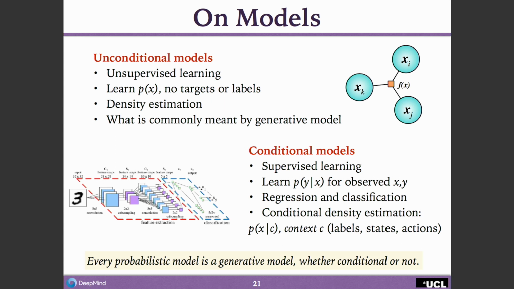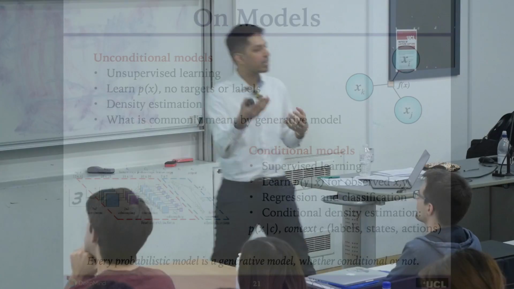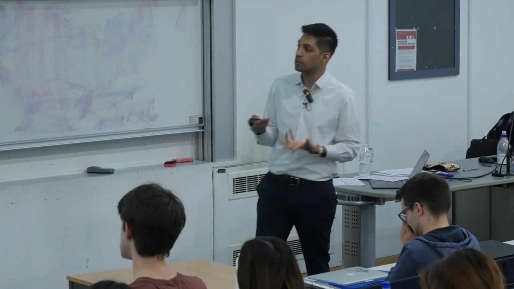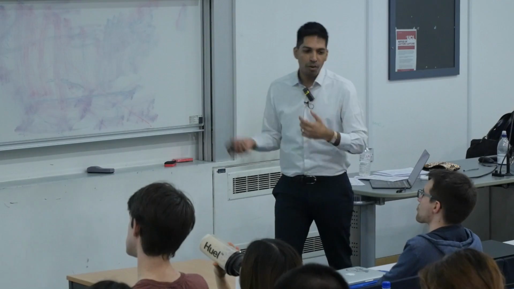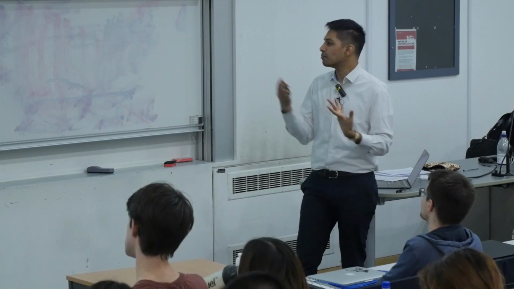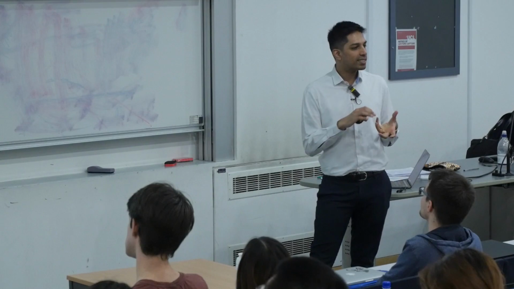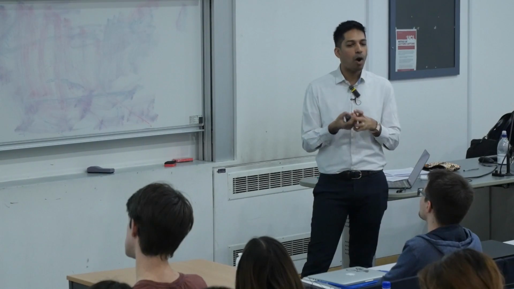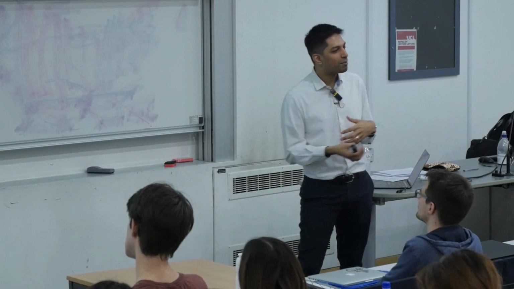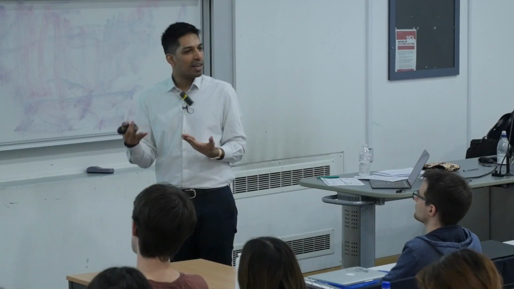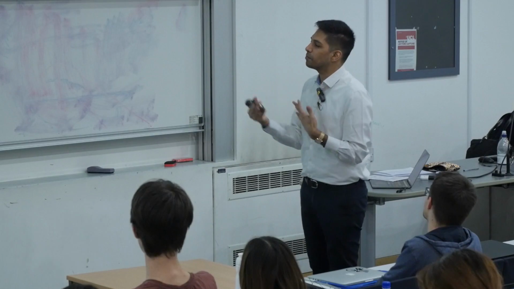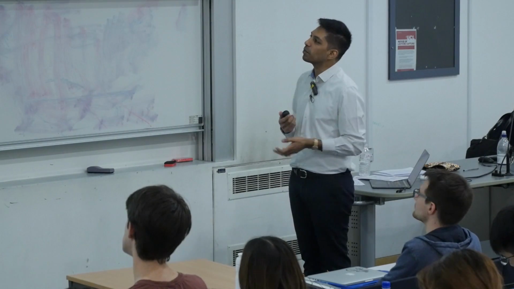I guess the key point is to know that there are conditional and unconditional models, and these are the things we're going to be building, but that every probabilistic model in some form or the other is a generative model. And I'm just pointing this out, that generative model can be an odd word to use. It can be an odd statement. It may be meaningless at some points in time, so just always think about and clarify what we're going to mean.